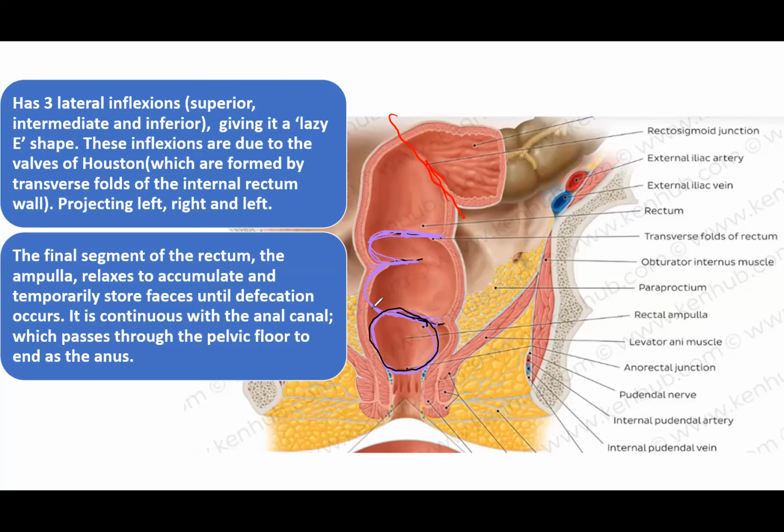When there is accumulation of feces in the ampulla, it stimulates the defecation reflex, and one evacuates the content of the rectum. And you should know, by the way, that is why tumors in the lower portion of the rectum, within this rectal ampulla, present with what is called tenesmus.